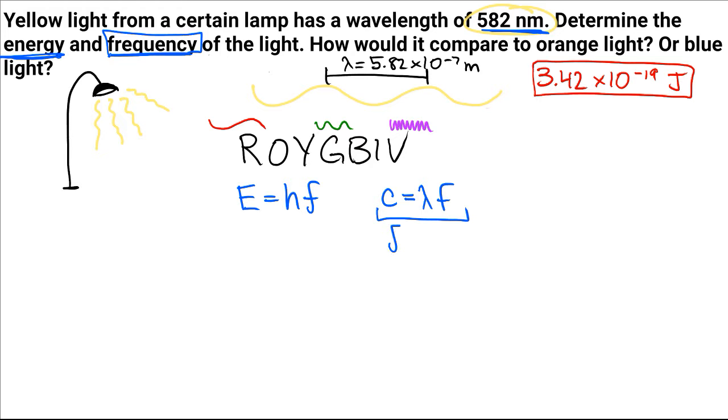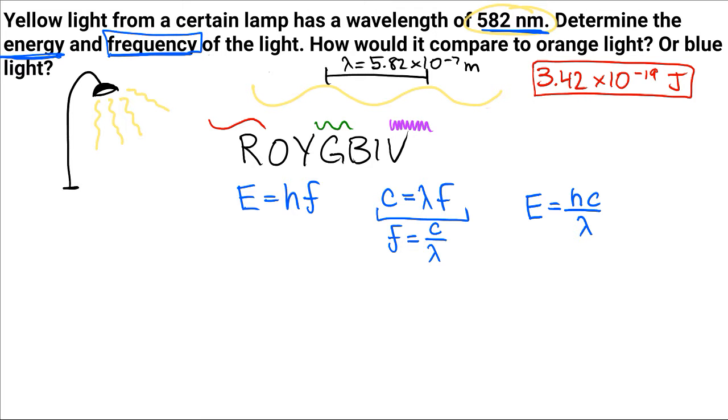Frequency of light is equal to the speed of light divided by lambda. And then once more, I will combine these two equations, as you've already learned how to do, into an equation that will help us understand how energy and wavelength relate more clearly, and that is E equals h times c divided by lambda, which is the wavelength. So these are three equations that are highly related to each other.